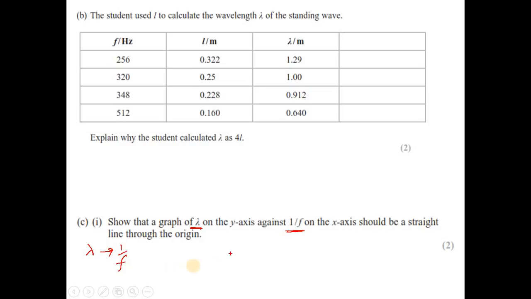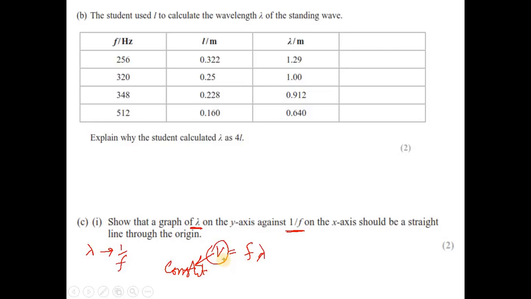The relation between wavelength lambda and the frequency is v equals f lambda. This is a wave equation that we use because we are dealing here with sound waves. So velocity of sound waves is equal to f lambda, and in this experiment velocity remains constant throughout the experiment.